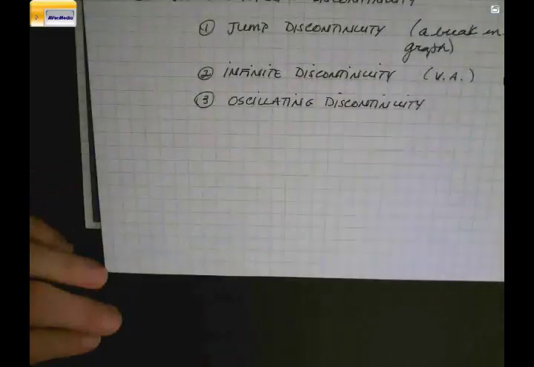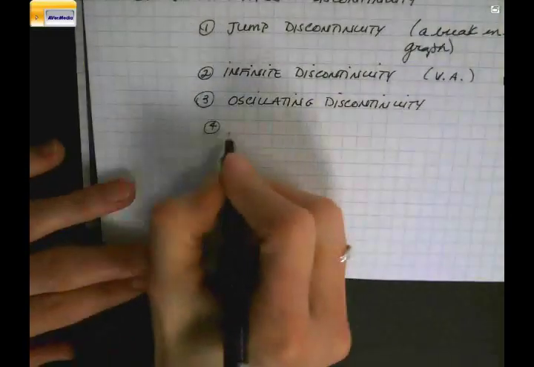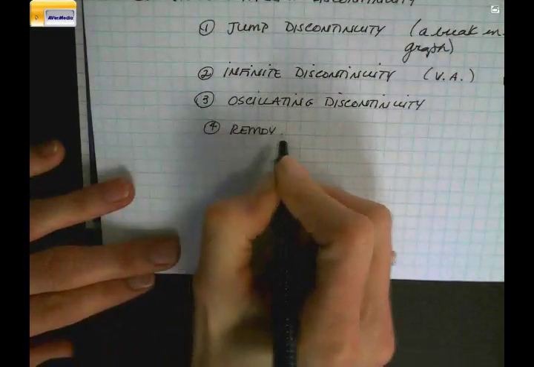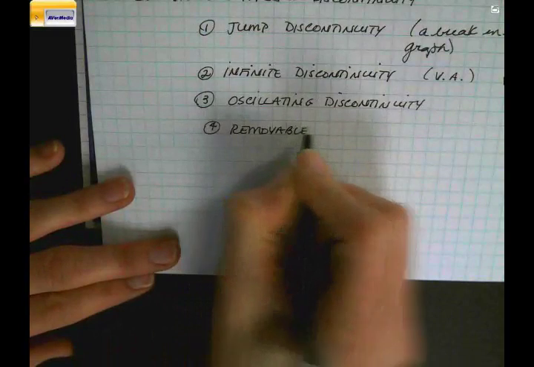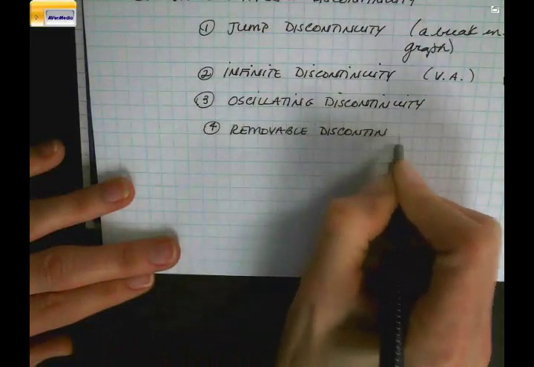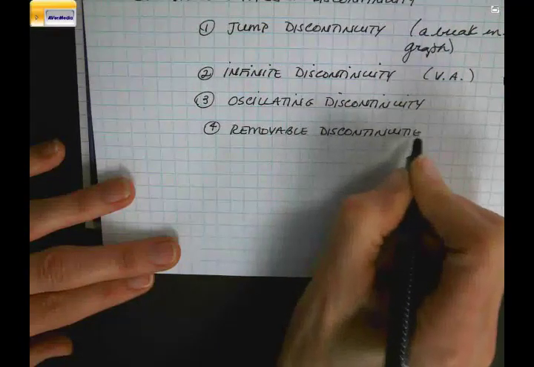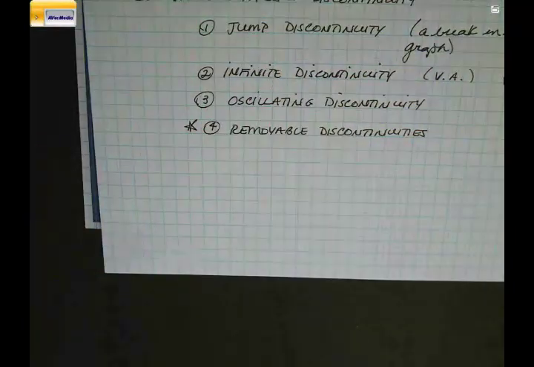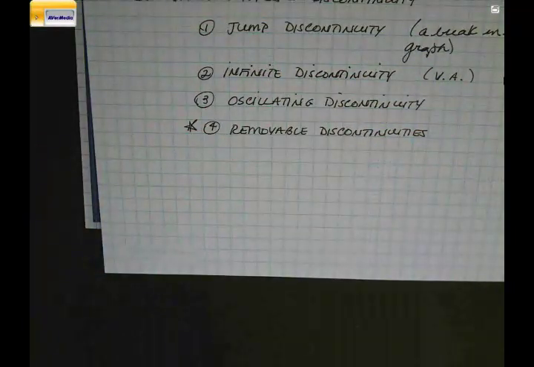And then the ones that we're going to emphasize are the removable discontinuities. Okay, this is the good one. The removable discontinuities. These are the ones that we're going to play with. Usually the removable discontinuities are discontinuities caused by a hole in the graph.